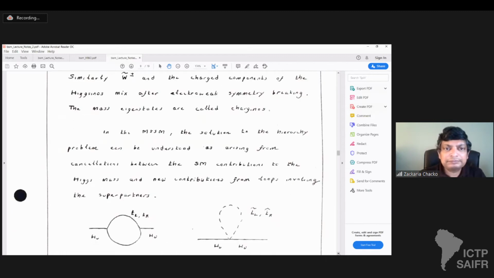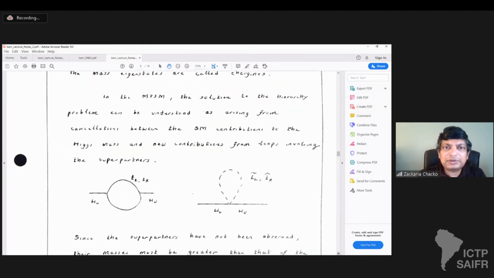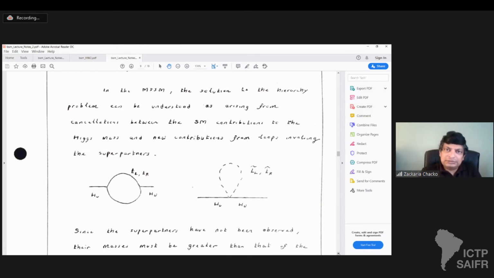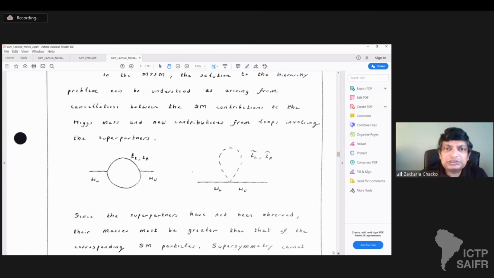All right, so now let's understand how the hierarchy problem is being solved at the level of diagrams. This is the top loop. This is the usual top loop that you're familiar with in the standard model. It's the biggest contribution to the Higgs mass.